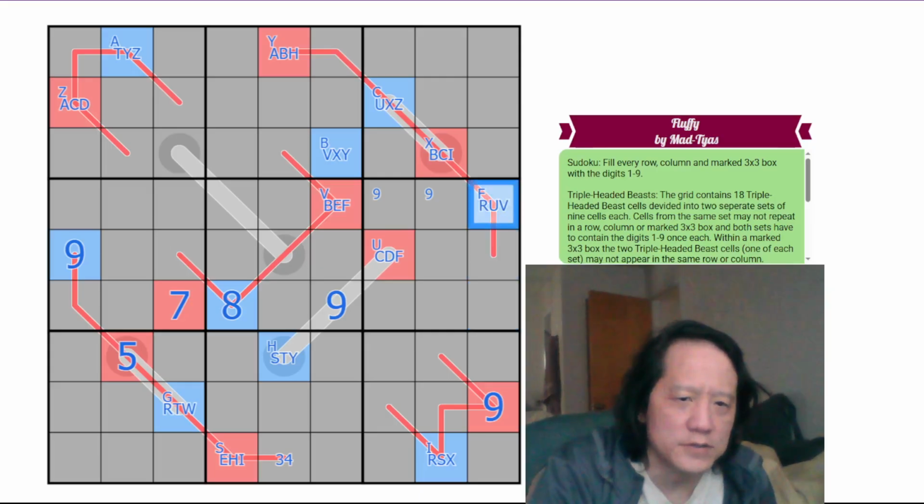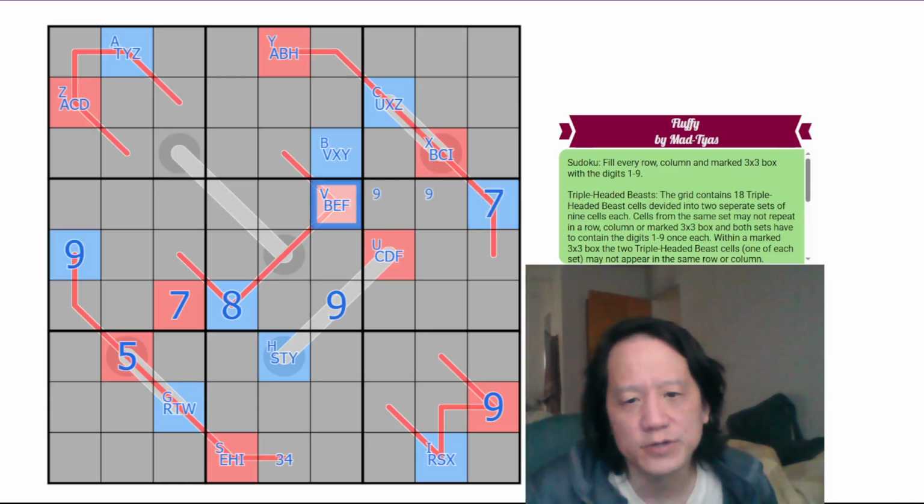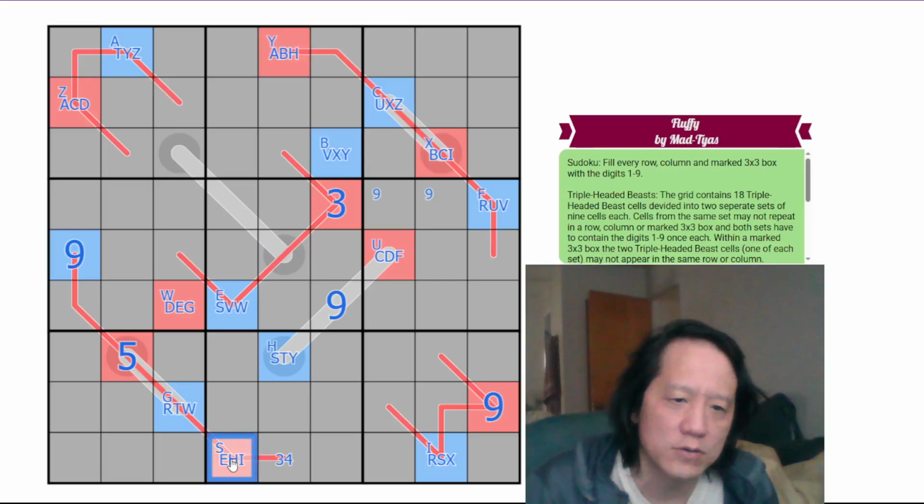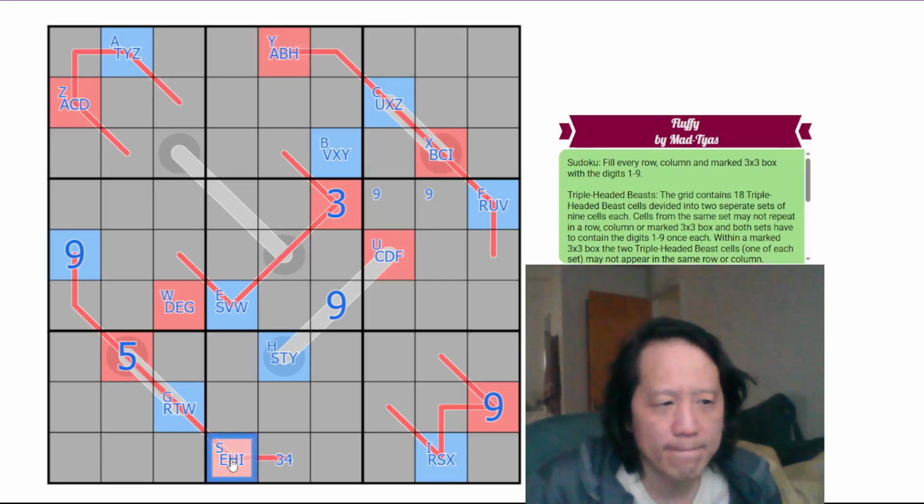So then this would be 7 here. This is 3. Okay, so we know that's 3, because we have a 1, 2 pair here. Now, I think I tried this as 4. Right? Maybe? Yeah, I tried this as 4.